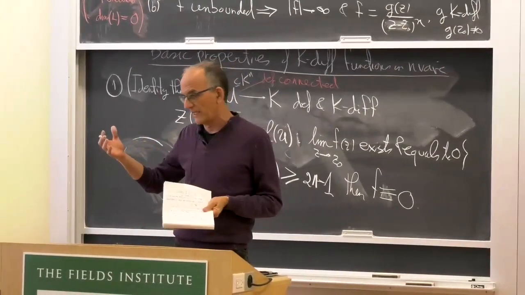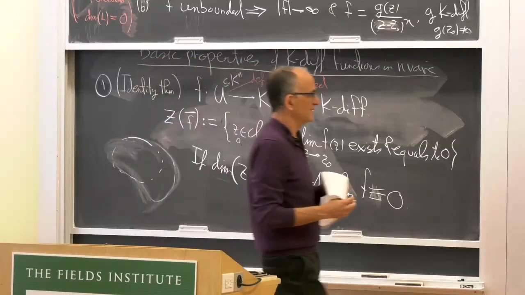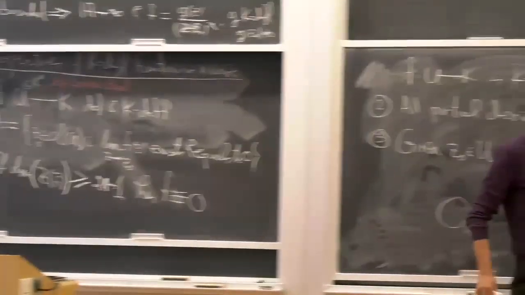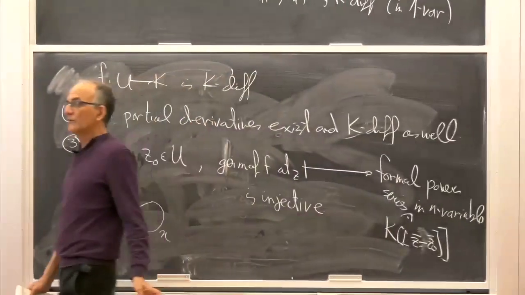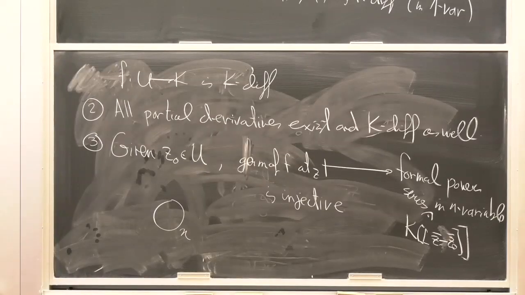If you work in R_an, then this will contain, for example, all of R[[z]], all the formal power series. So this is a question that depends on the particular minimal structure you work with. Okay, thank you.